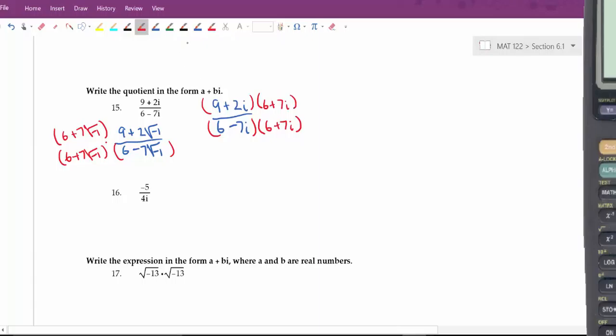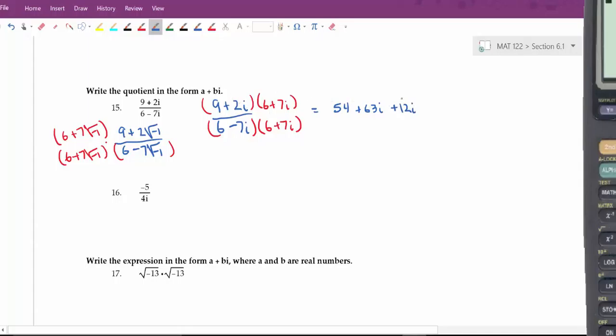Okay, so we got to go through and do the multiplication and work out the details. So if I do the multiplication on the top, I'm going to have 9 times 6 is 54. 9 times 7i is plus 63i. Then distribute the 2i. 2i times 6 is going to be plus 12i.